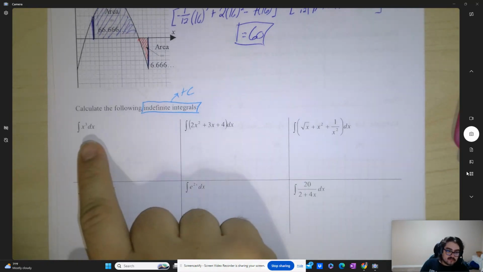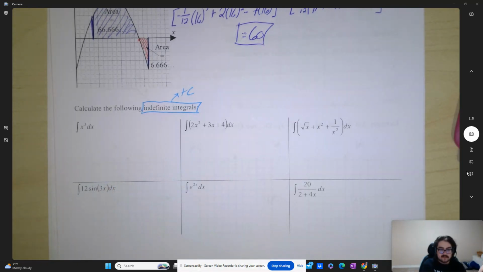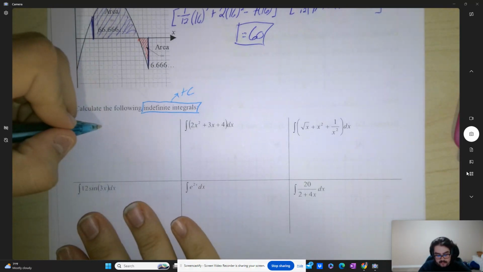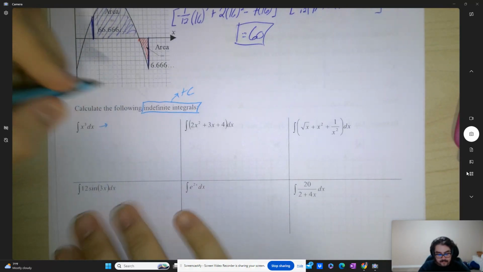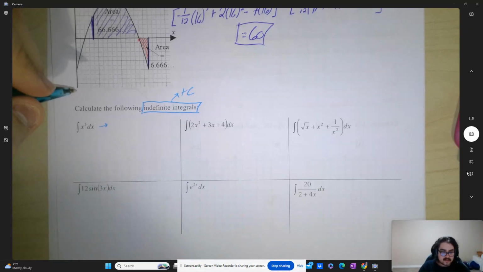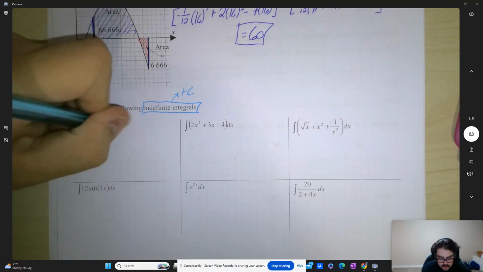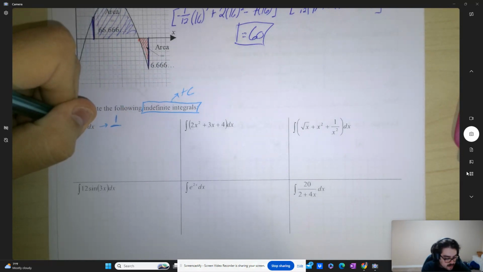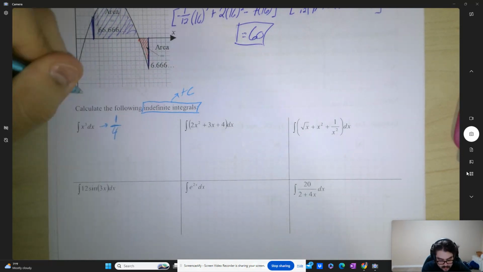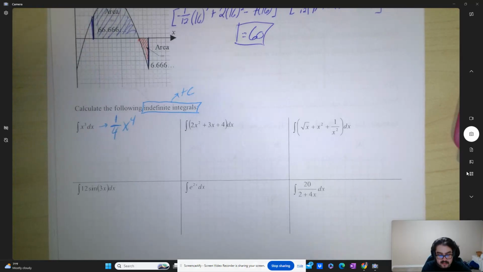Okay, let's take the integral of the first one, x to the third. The integral of that is pretty straightforward. So what we're going to do is the constant in front of it, which is 1, over the exponent plus 1, times x to the exponent plus 1.